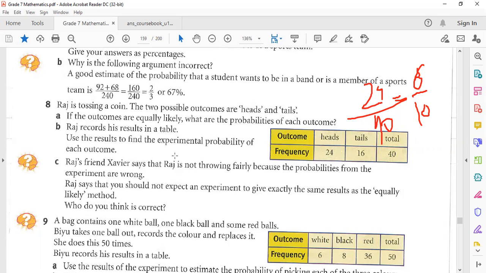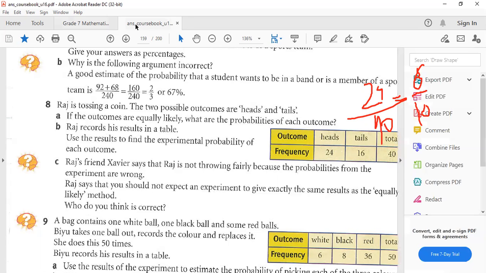Raj's friend Vivier says that Raj is not tossing fairly because the probability from the experiment is wrong. Raj says that you should not expect an experiment to give exactly the same result as the equally likely method. Who do you think is correct?